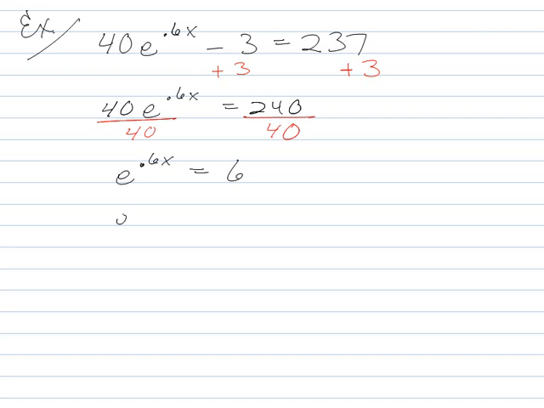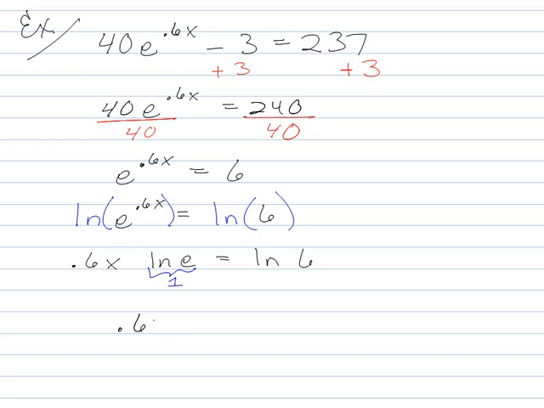Now I'm ready to go. E to the 0.6x. I'm going to go ahead and take the natural log of both sides. And I can write my power rule. Again, if you're thinking quick on your feet, you might recognize that that's 1. So you can write this directly as 0.6x equals natural log of 6.